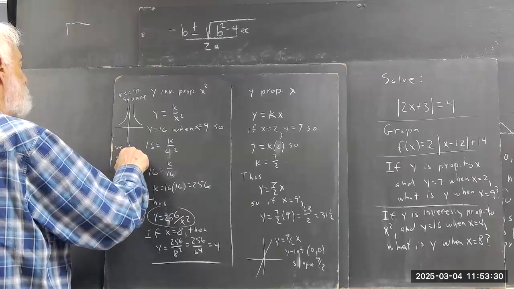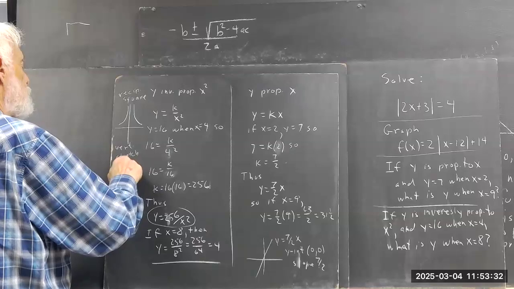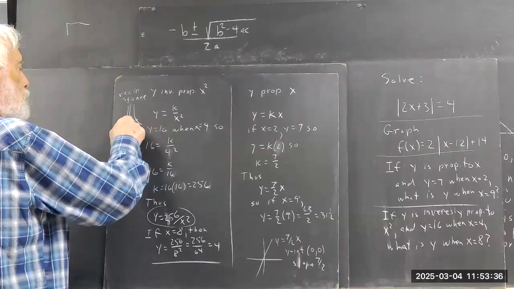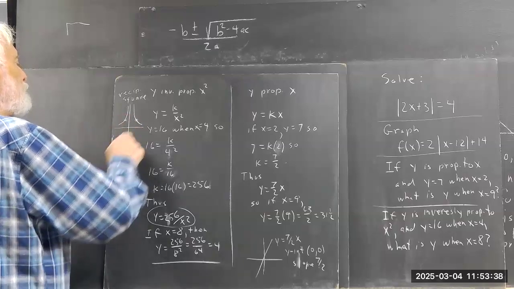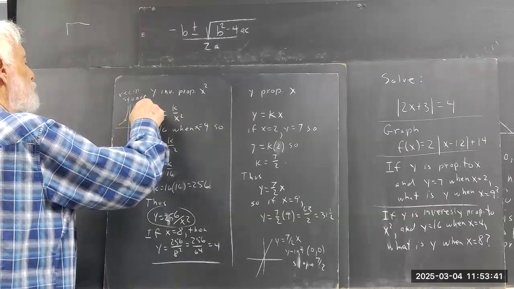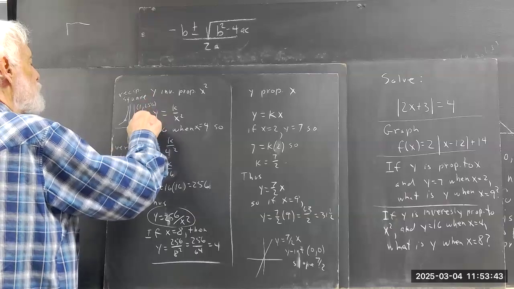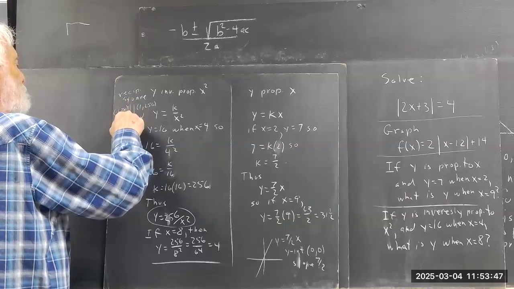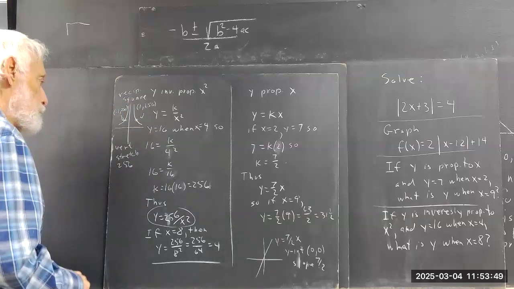The vertical stretch is 256. So instead of the points 1, 1 or -1, 1, you have the points 1, 256, and -1, 256. Those are written kind of small, you can't see them.